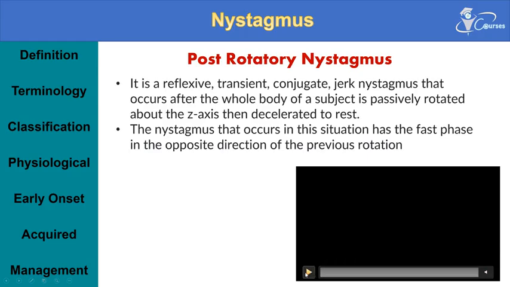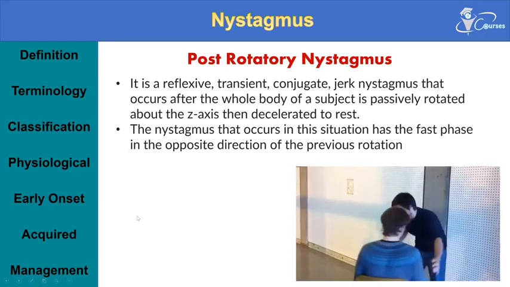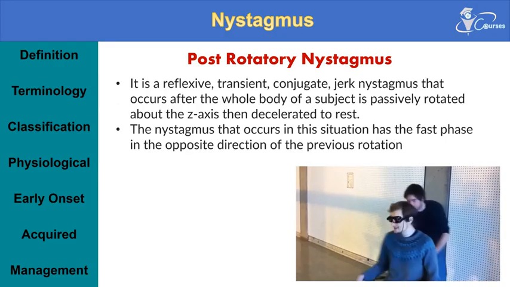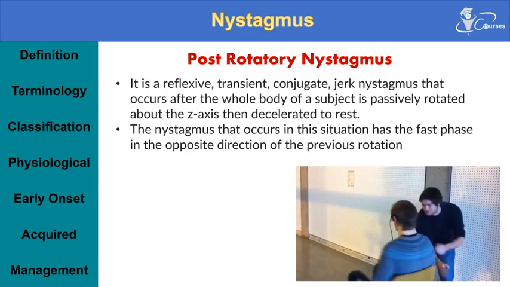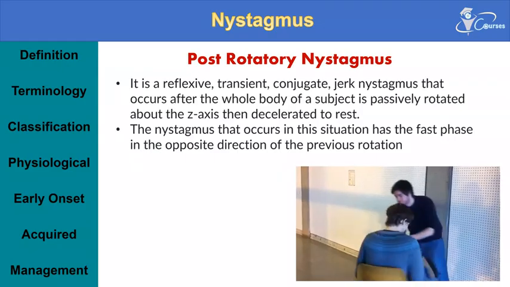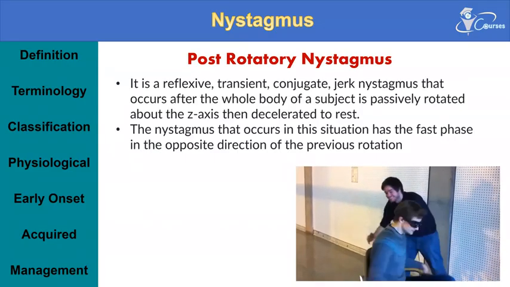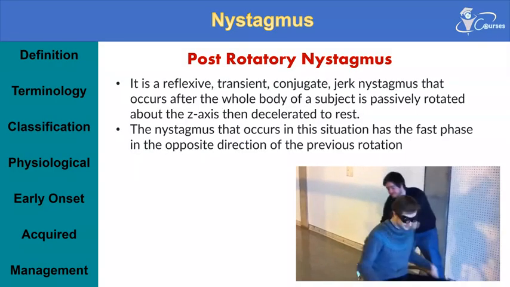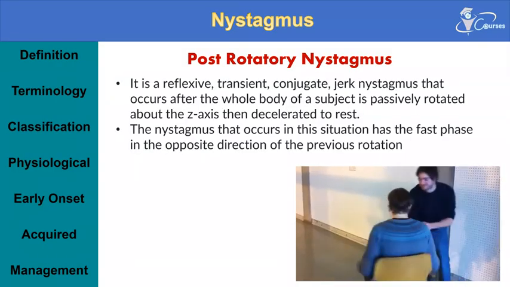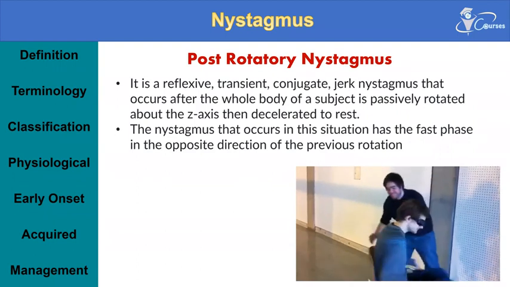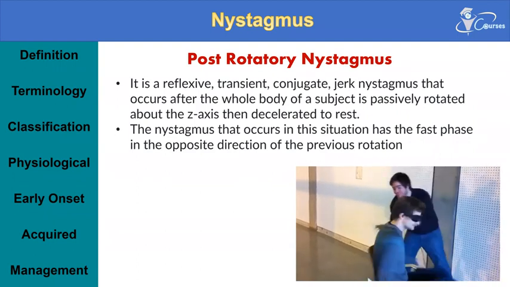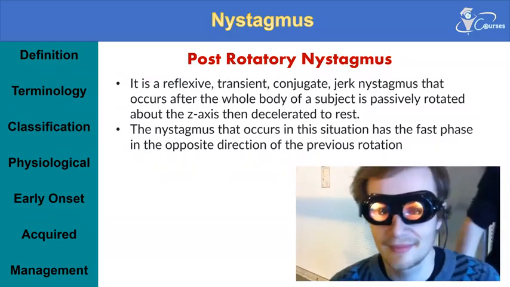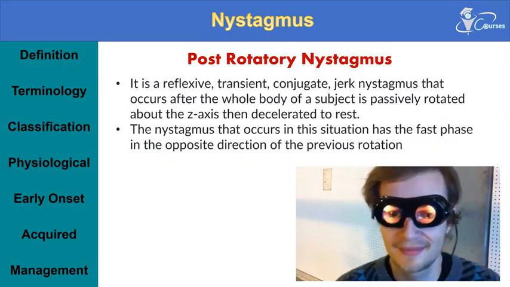So let me show you this video of this individual. They are just doing a rotation, and then checking his eyes. So look at his eyes. This is the postrotatory nystagmus.